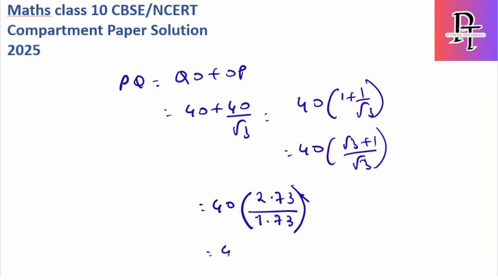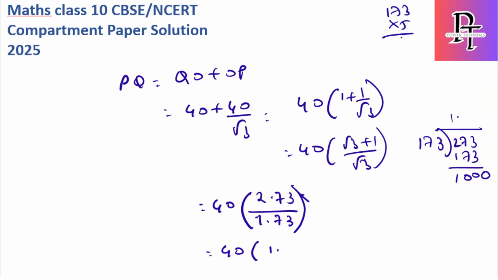Okay, I'll take it as approximate values. 173 5s, let's check. 3 5s 15, 3 5s 15, 6 and 8. Again if I add 173, it is changing, so it will be around 1.5 something. Okay, so simply I will write it as 1.5 as of now.